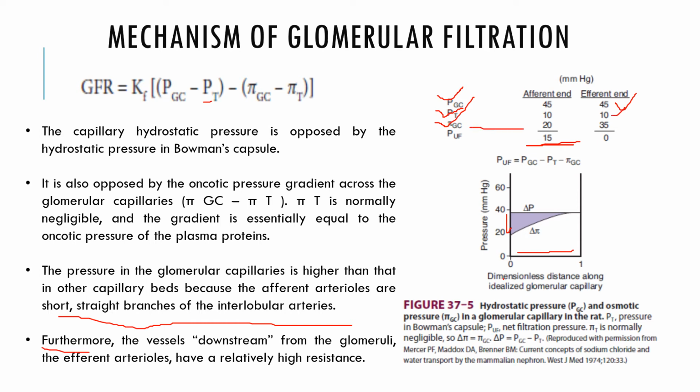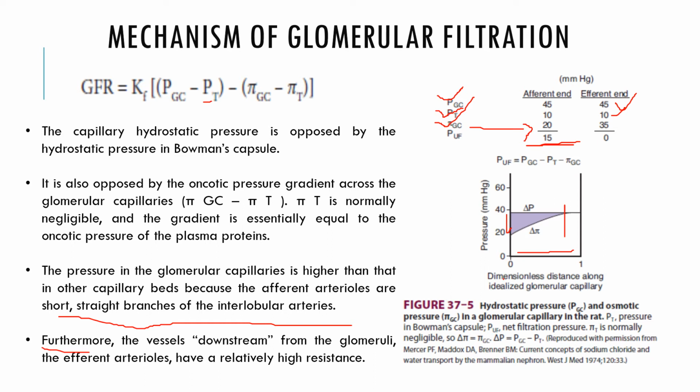The change occurs in the oncotic pressure of the glomerular capillary: from 20, it becomes 35. So ultimately, a point will be reached where filtration stops as the net filtration pressure becomes 0.